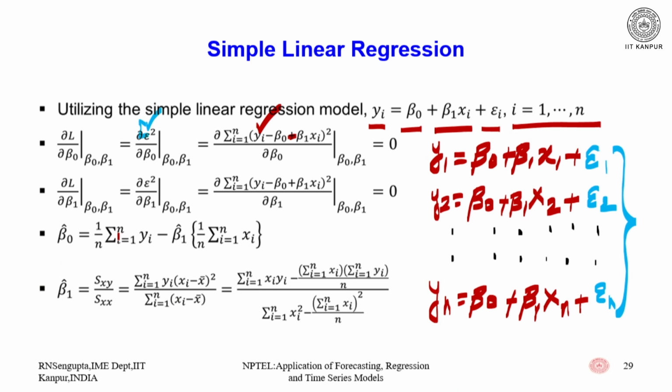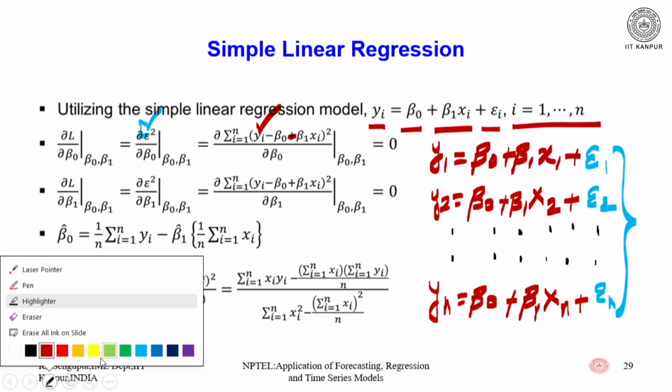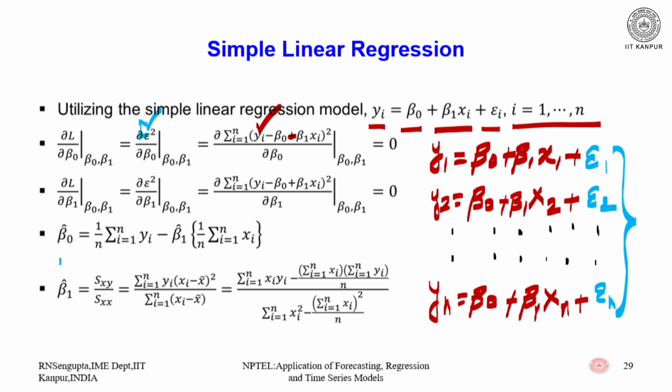Once I do that, I have two equations, for beta naught and beta 1. When I solve them, I have the actual estimate, beta naught hat, which is given by this equation, which I will mark in light green. Similarly, when I solve it, I have this equation for beta 1, which I will mark in light green.